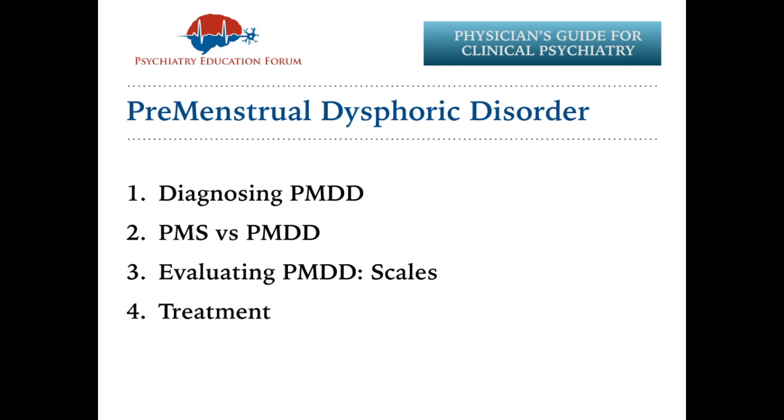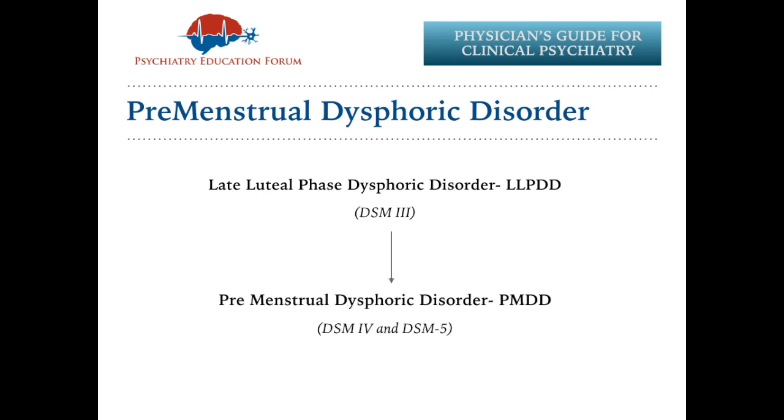So let's first discuss the very basic history of PMDD. In 1987, DSM-3 included the criteria for LLPDD, which is late luteal phase dysphoric disorder. We all know that the luteal phase begins after ovulation and ends with the start of menstruation. And in DSM-4, the name was changed to PMDD, premenstrual dysphoric disorder.